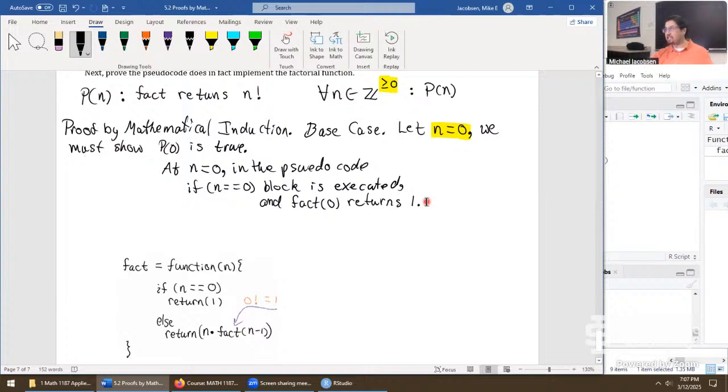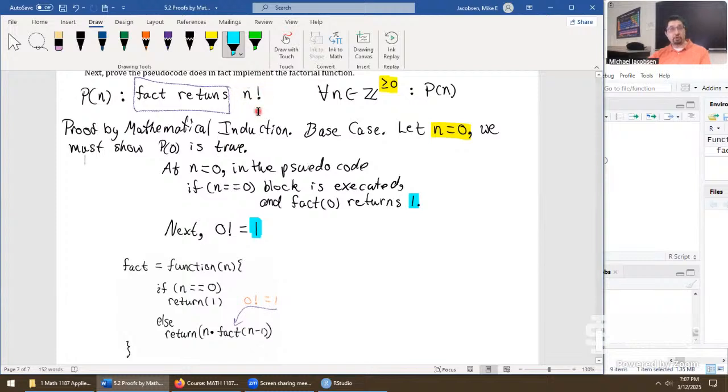We can say next, we were looking into the pseudocode. We saw what the factorial function returns, and it better return n factorial in the case n is 0. So let's say next, 0 factorial itself equals 1, and that's what we had to check. Pseudocode returns 1. We know 0 factorial returns 1.